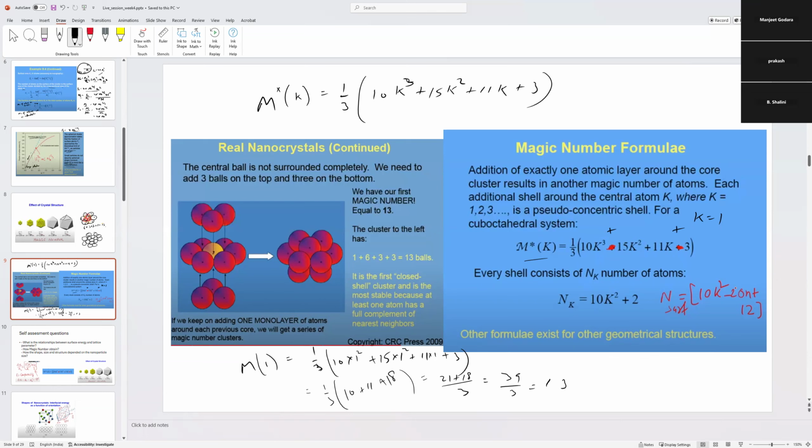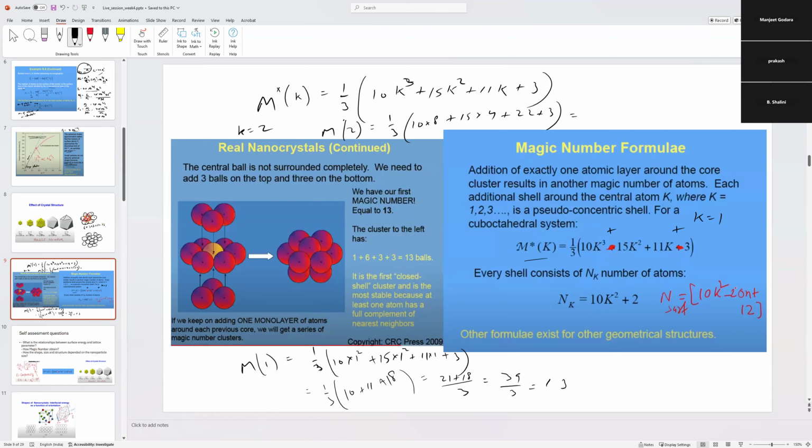We can try another number, say k equals 2: 1 by 3 times 10 into 2 cubed, which is 80, plus 15 into 4, which is 60, plus 22, plus 3.